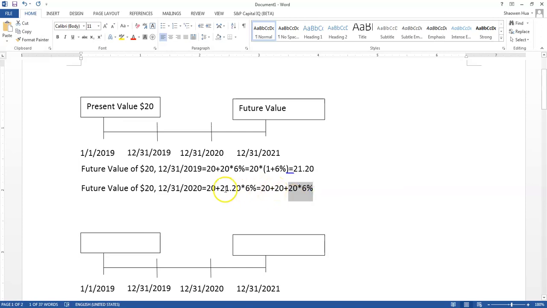So the $21.20 will accumulate one more year of interest, multiplied by another year of interest. Then you see I can rewrite this formula as $20 multiplied by 1 plus interest rate, to the power of 2.